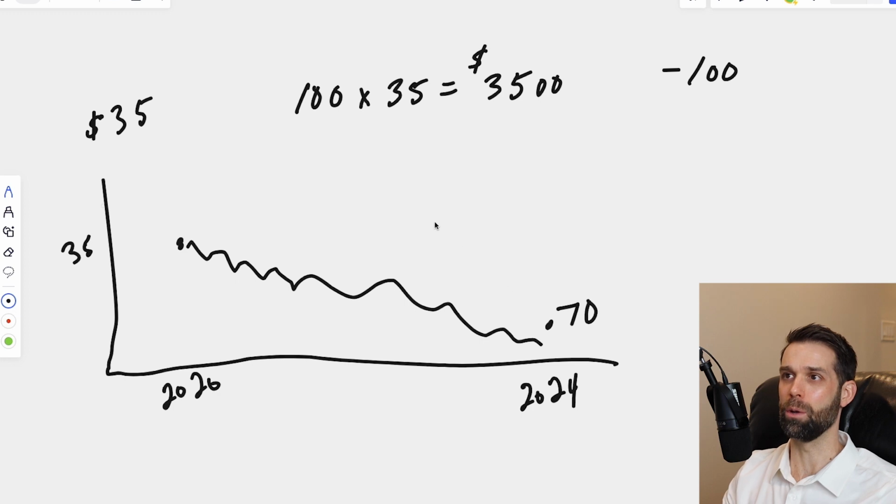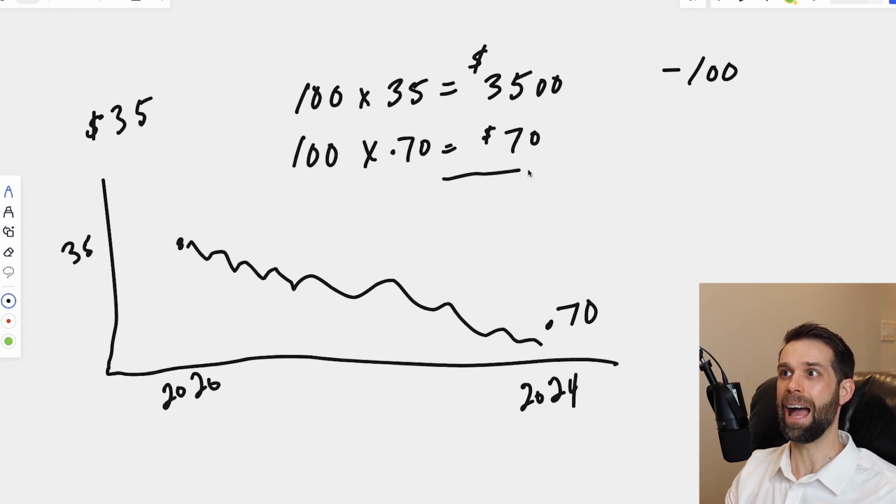So the company's actually doing quite poorly given all the fraud and the scandal that happened. So what we want to do now is close our short position. So we need to buy back this negative 100 shares in our account. And in order to do that, we go to the market, and the market price is now 70 cents a share. So that's $70.